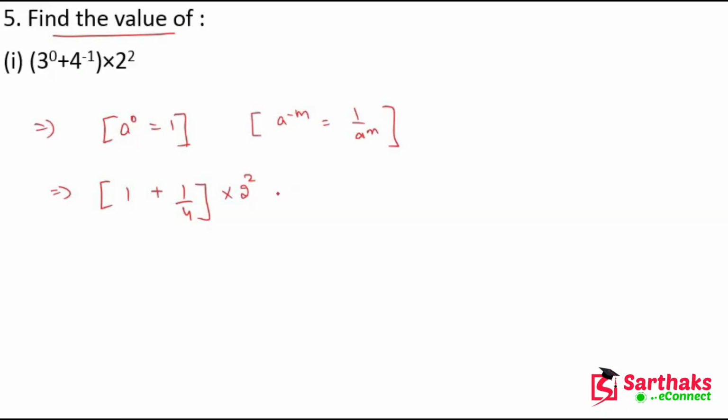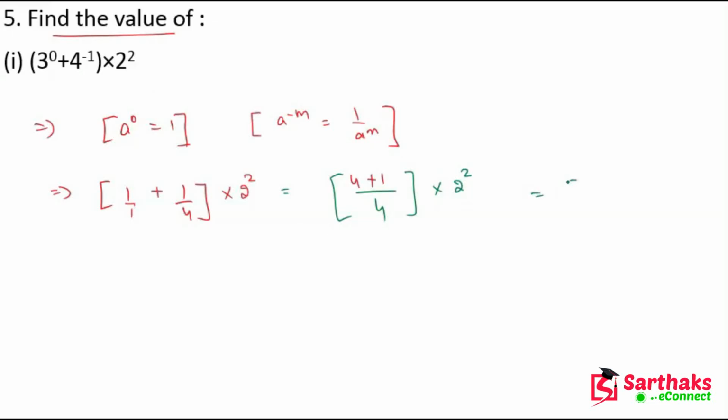Got it? Now here we can take 4 as the LCM. So this will become 1, and if we divide 4 by 1 we get 4, and 4 into 1 is 4, plus 4 divided by 4 is 1, and 1 into 1 is 1. And here is into 2 raised to power 2.